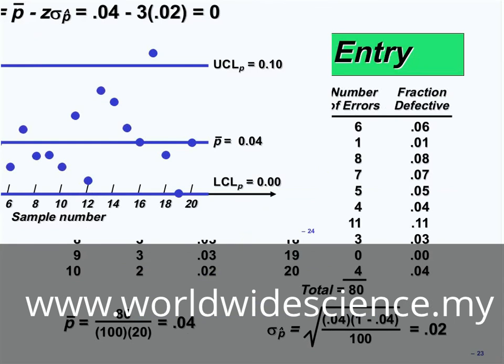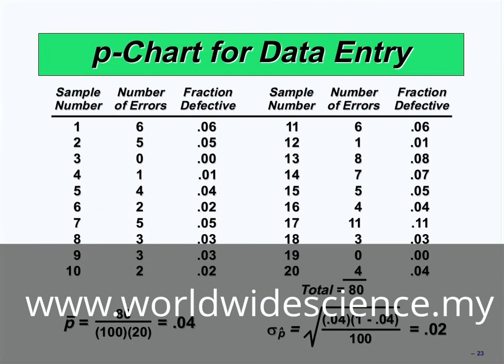All of this data is from the table. Sample number 2, fraction defective was 0.05. Sample number 3 was 0 until the end.